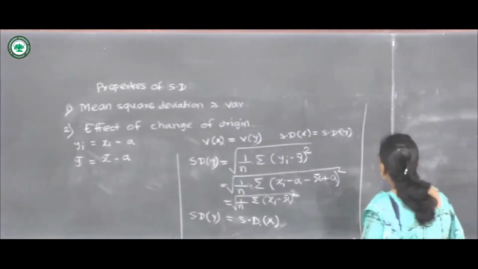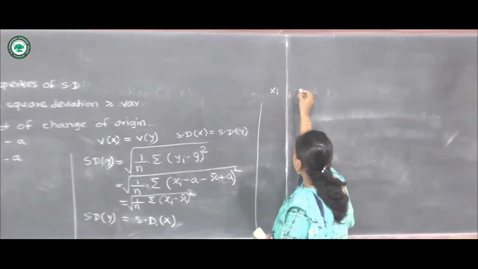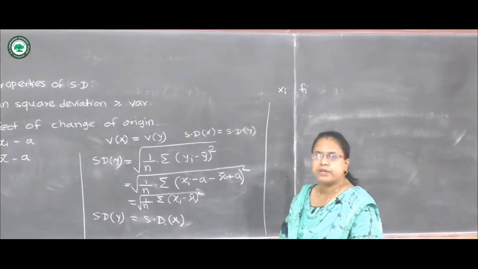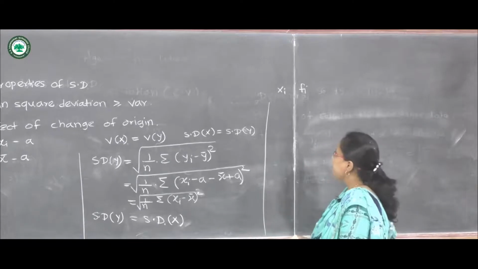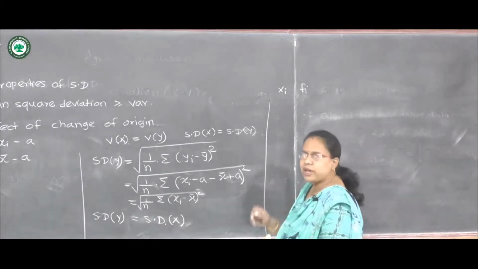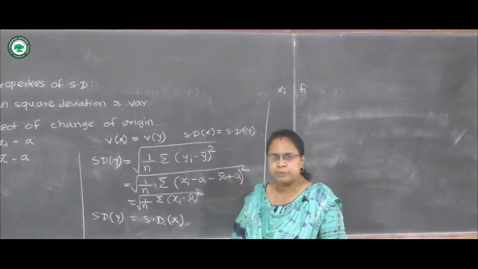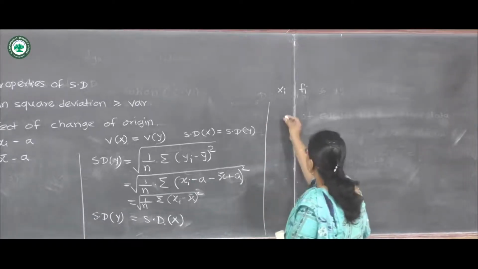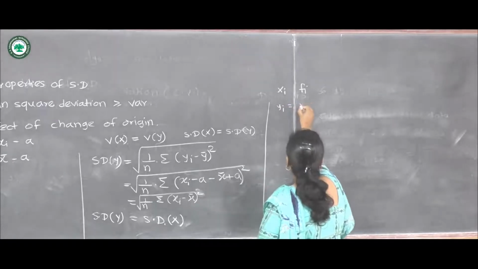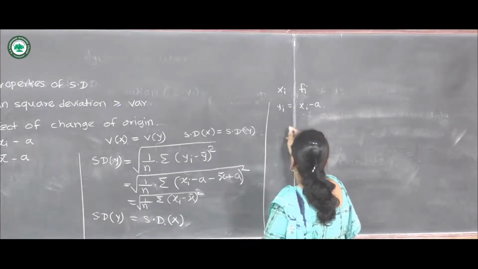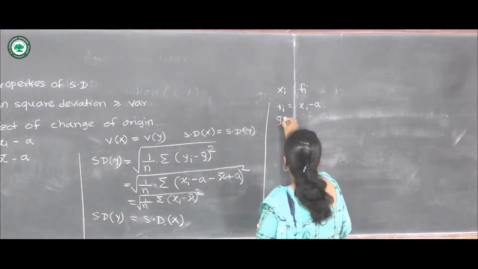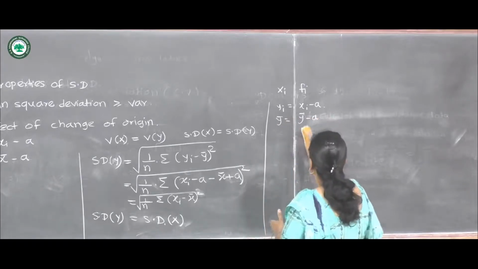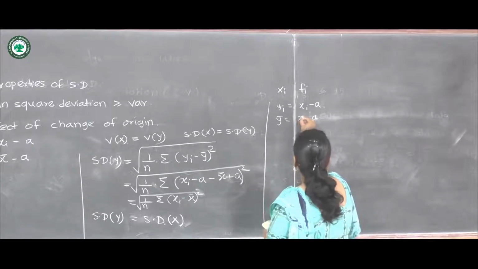So suppose there is grouped data, meaning xi are the observations and fi are the corresponding frequencies to xi, or xi are the mid values of the classes, so there is a grouping like xi and fi. In this case, suppose yi equals xi minus a, then y bar will again be x bar minus a.